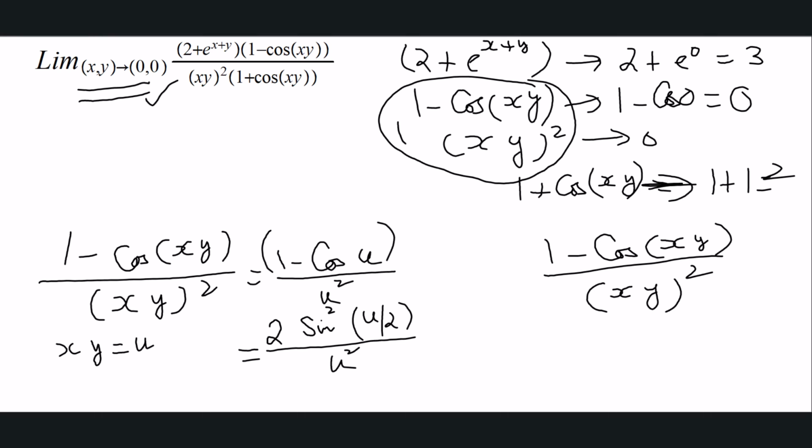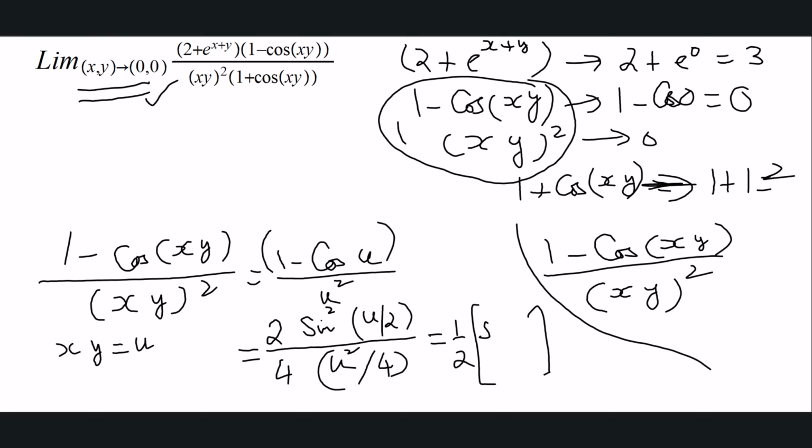So if we divided this denominator by 4 and multiplied this by 4 here, then what do you get? You simply get 1/2 sine u over 2 over u over 2 square.